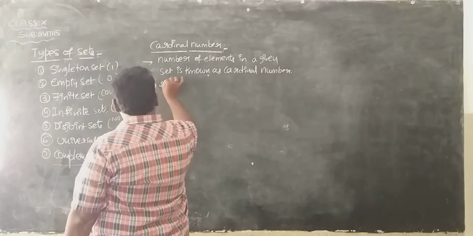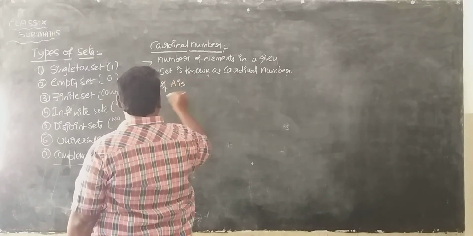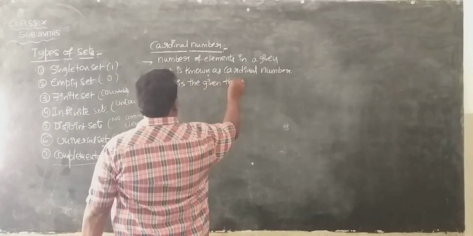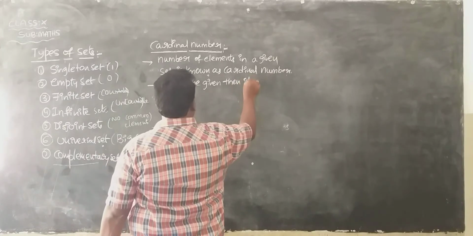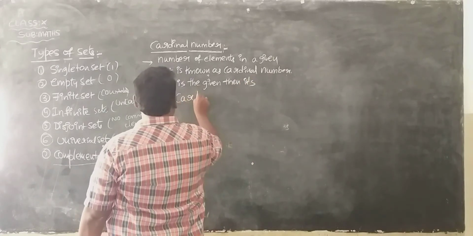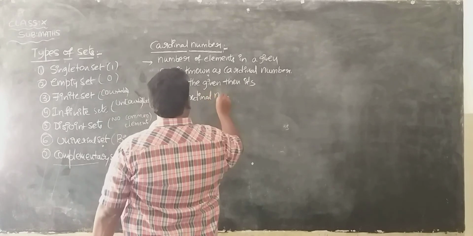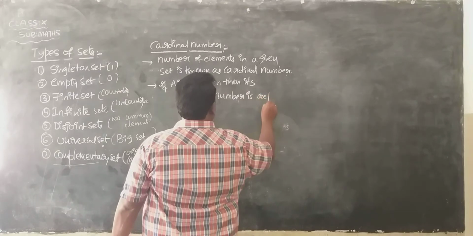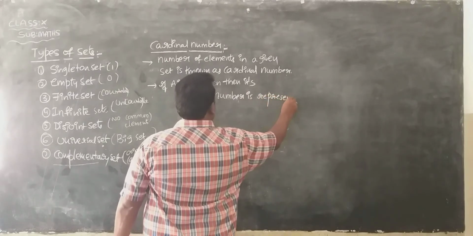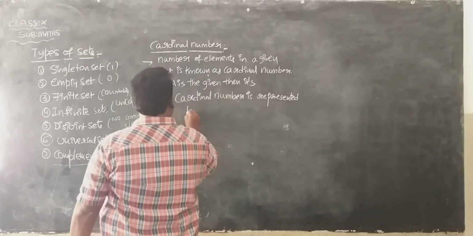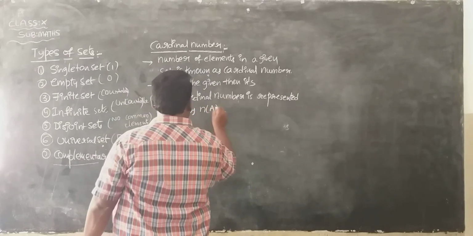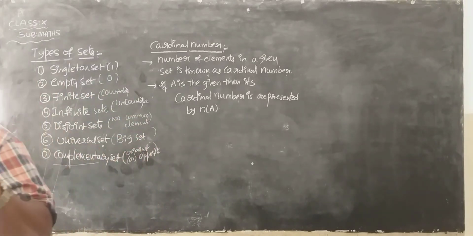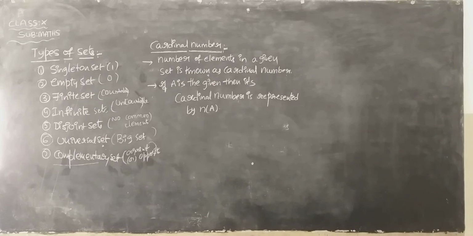Okay, now if A is the given set, then its cardinal number is represented by n of A. N for number, and number means cardinal number.